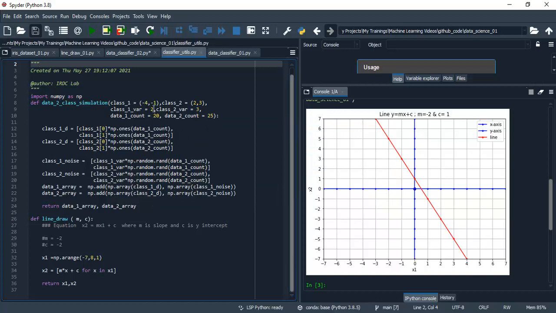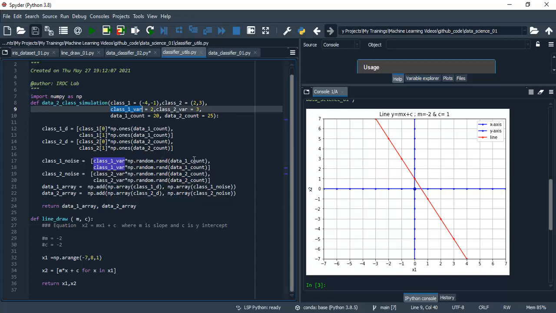I think 2 will be the maximum, because we can see this class 1 var is multiplied by np random dot rand of data 1 count. So how many points we want, and what this rand function will do is generate that many numbers, and every number will be random, but always in the range of 0 to 1.